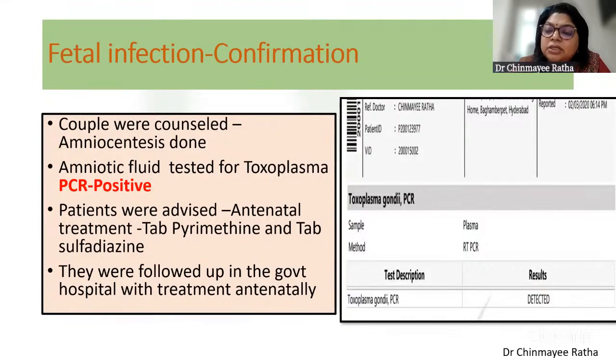From the amniotic fluid, we assessed the PCR for the toxoplasma nucleic acid, and we found that the toxoplasma nucleic acid was positive in the amniotic fluid, which means there were elements of toxoplasma in the amniotic fluid. How will it come to the amniotic fluid?